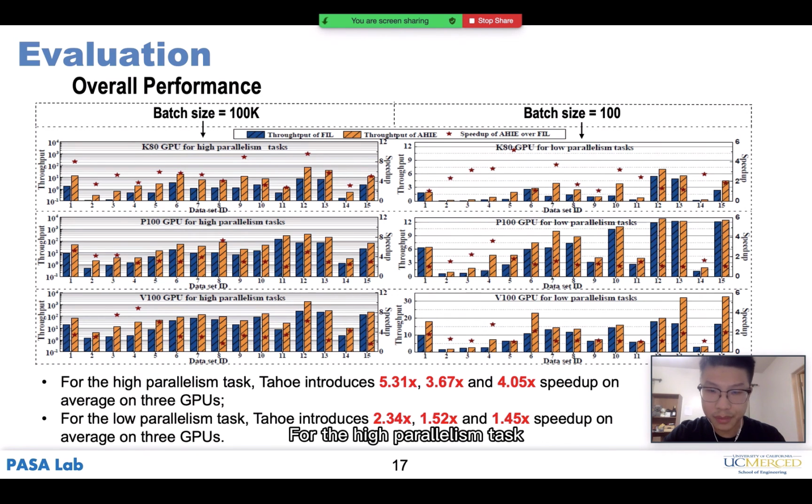For high parallelism tasks, Tahoe introduces over 3 times speedup on average on 3 generations of GPUs compared to the FIL baseline. For the low parallelism task, Tahoe introduces over 1.4 times speedup on average on 3 generations of GPUs.